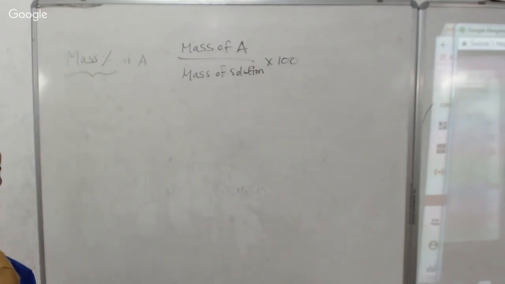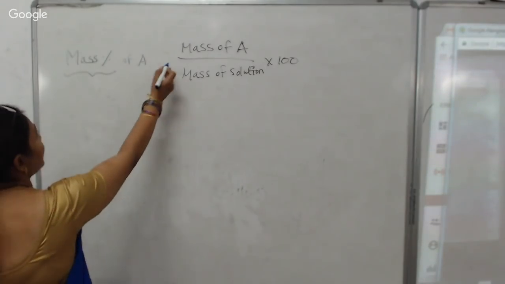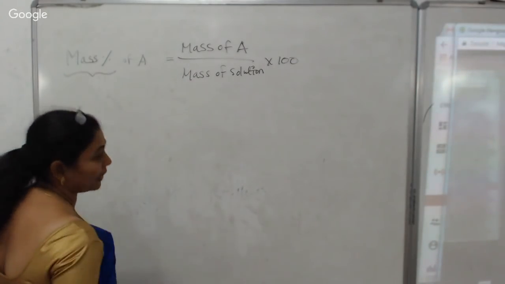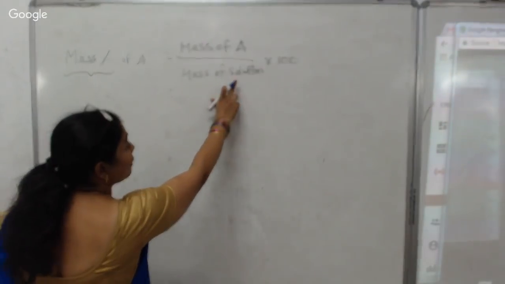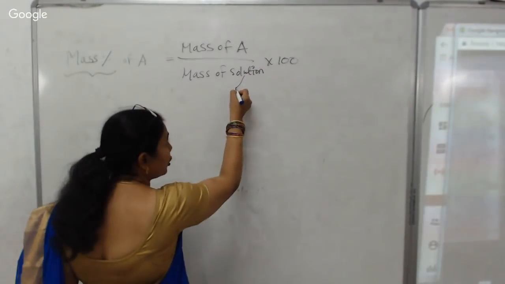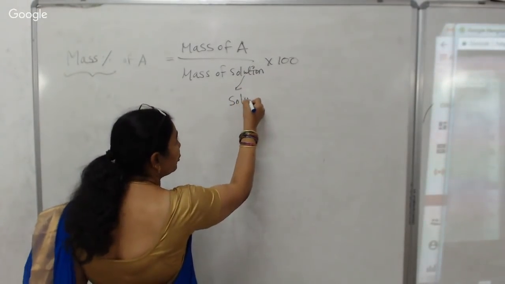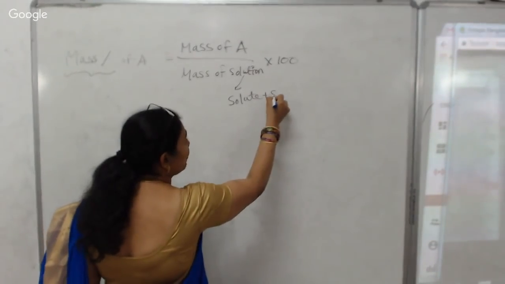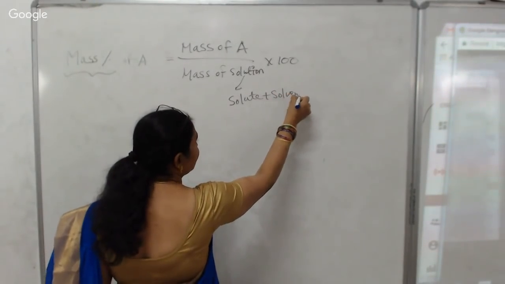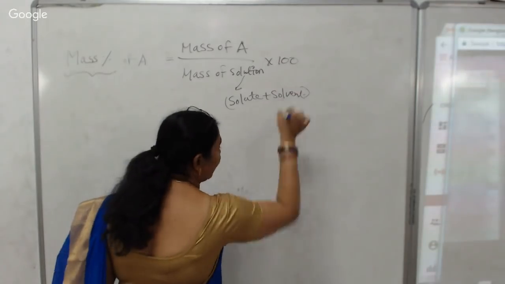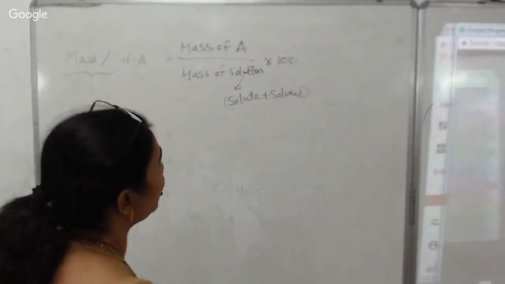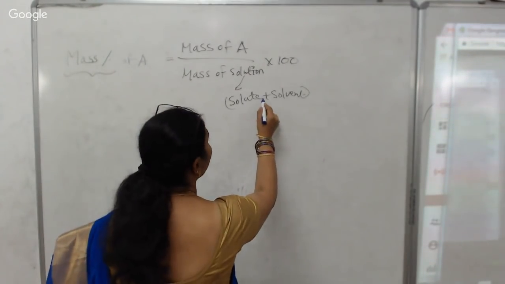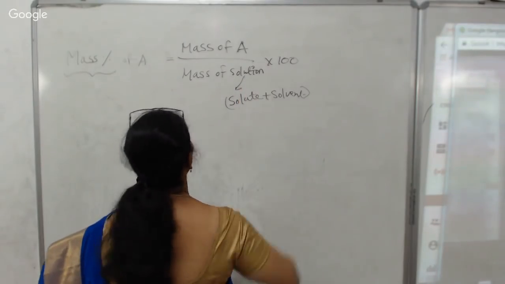Okay, this is the formula for calculating the dilution of a solution using mass percent. Please underline, solution means what? Solute plus solvent. Please write down, very, very important. Solute plus solvent, both together we call a solution, into 100.